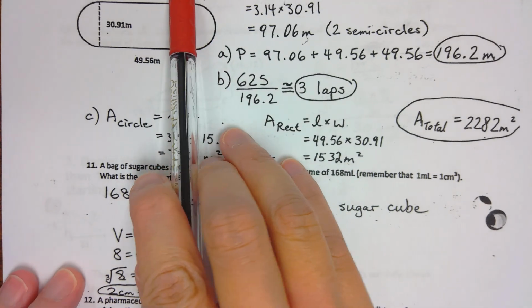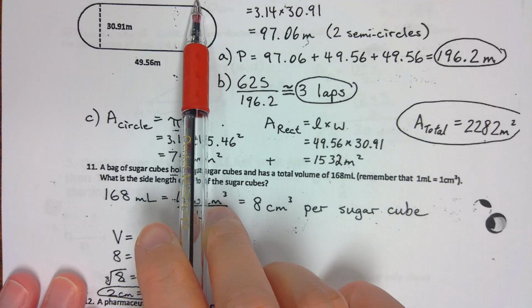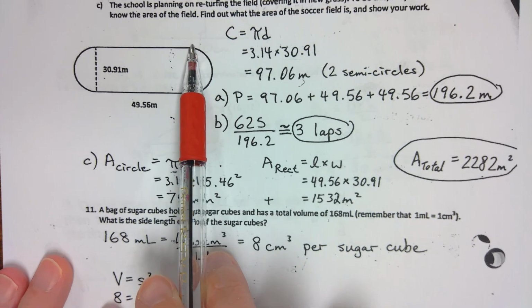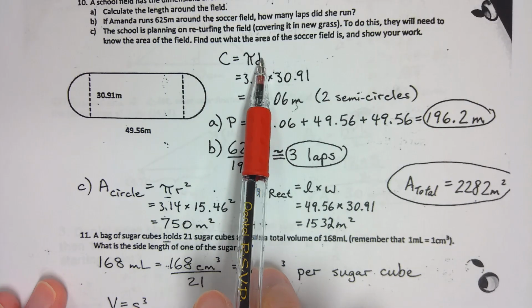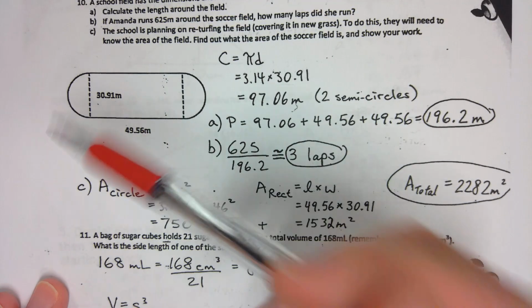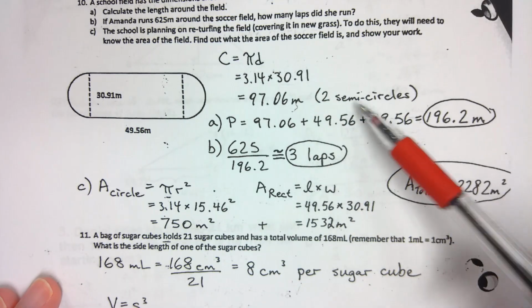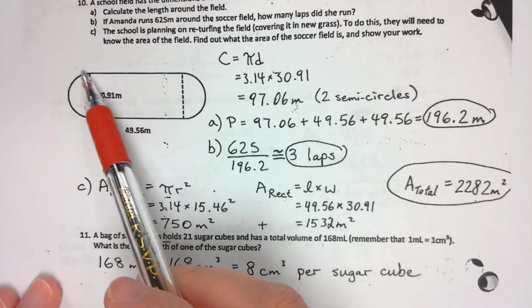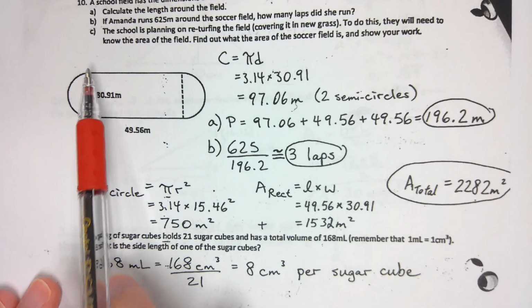The first one, calculate the length of the field. So I see a semicircle and a semicircle. Together, that's a circle. So circumference of a circle, pi d or 2 pi r, doesn't matter which formula you use. Since I'm given the diameter, I'm going to use pi d. Multiply it. So that is the 2 semicircles right here, for the perimeter.